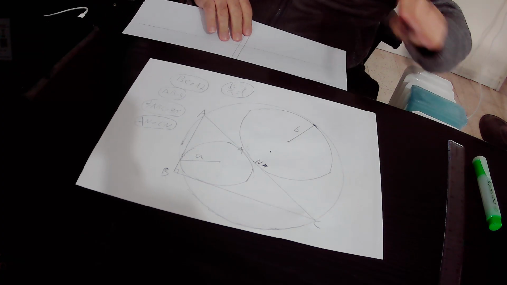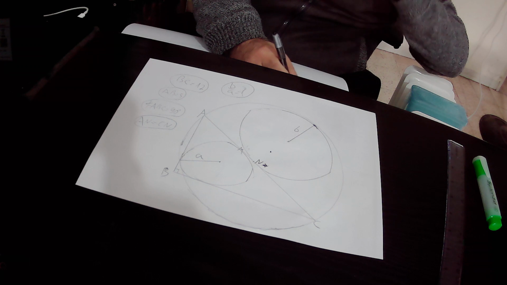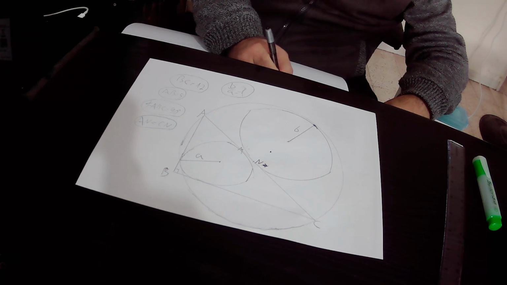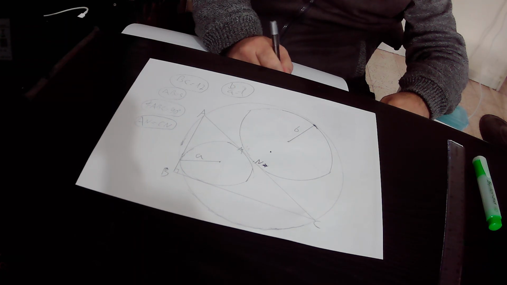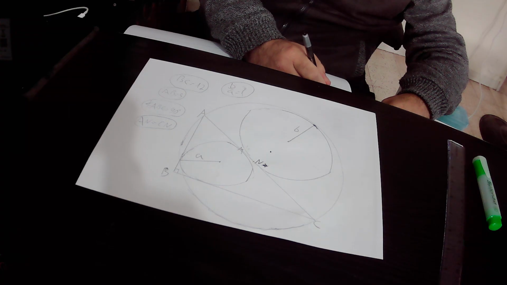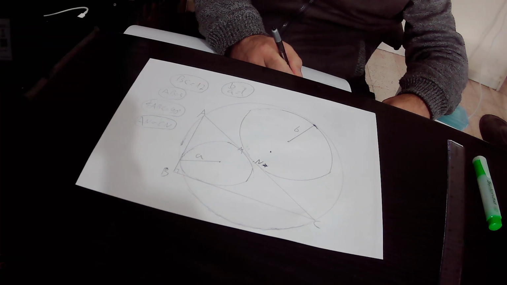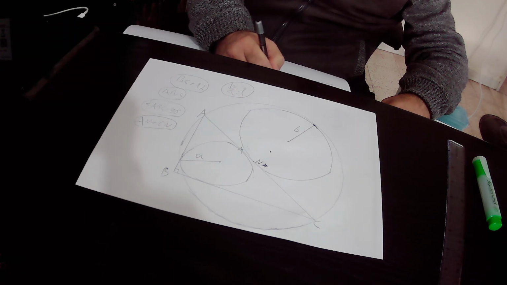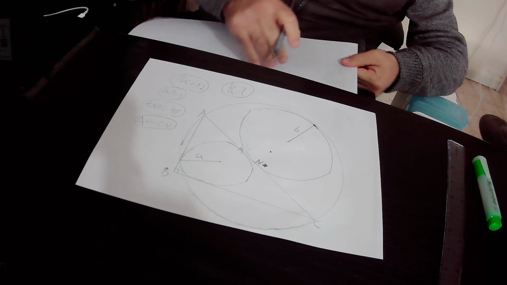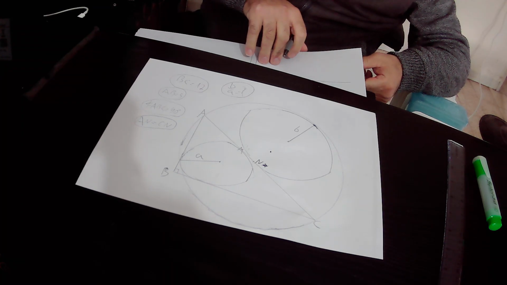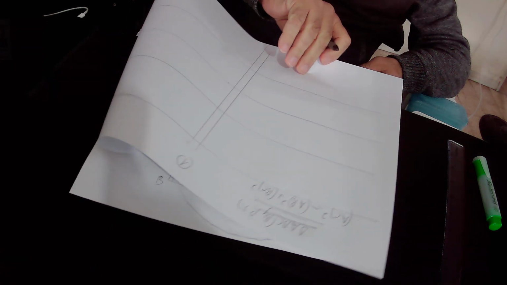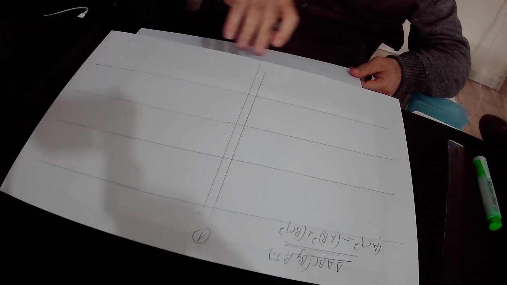According to the Pythagoras theorem, in the right triangle ABC, AC square equals AB square plus BC square.